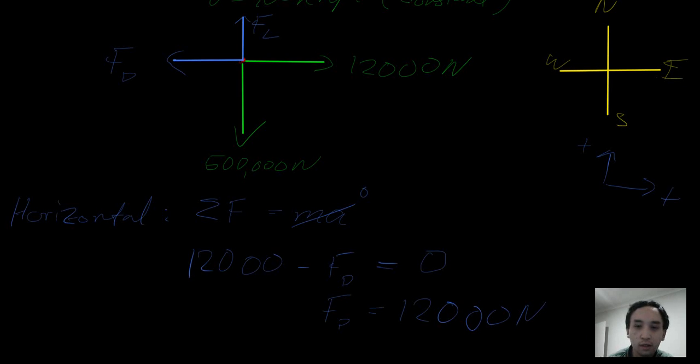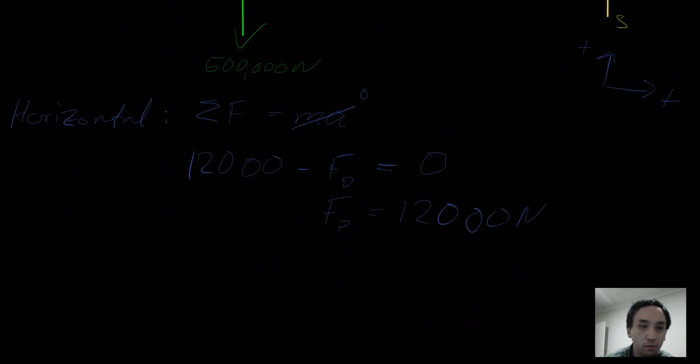Okay, and the vertical scenario is very similar because this plane, we're going to assume, isn't going to be wobbling all around like this. It's going to be traveling in a straight line. So what this means is that in the vertical, we also have an acceleration equal to 0.